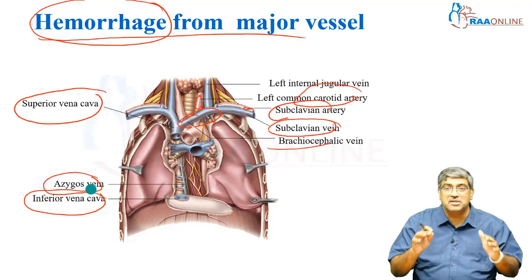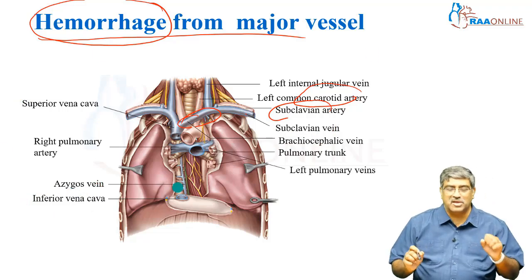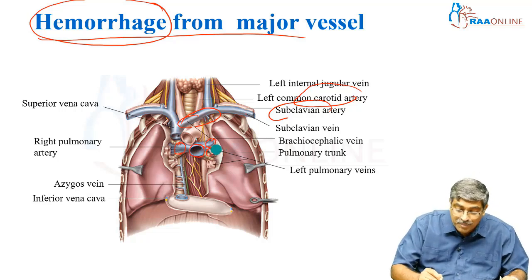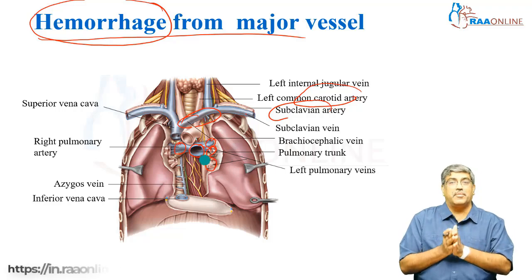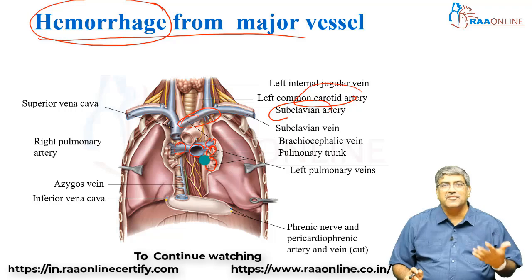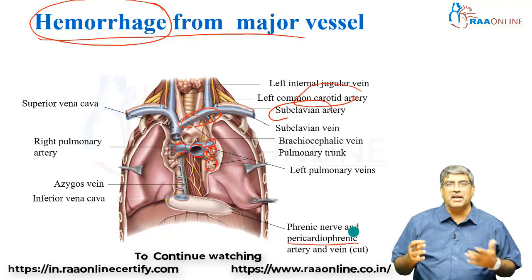These are all systemic veins which are involved. Now coming to the pulmonary circulation, your right pulmonary artery, left pulmonary artery or the main pulmonary artery and the pulmonary veins also might be damaged, which can lead to dangerous hemorrhage. Other things which can be involved include the pericardiophrenic artery and vein.